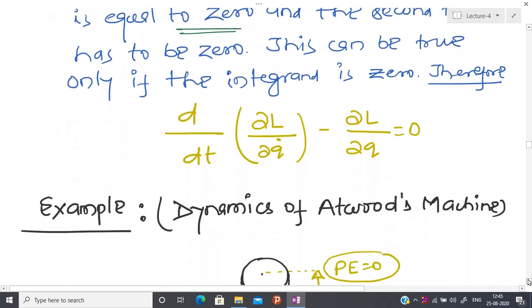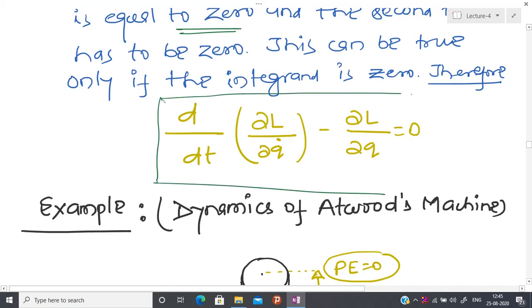So I think this is very obvious, and in this way you can easily see that no integral is involved here if I know the L, because L is a function of q and q dot. So after that I just have to solve this kind of partial differential equation. Why am I calling it a partial differential equation?